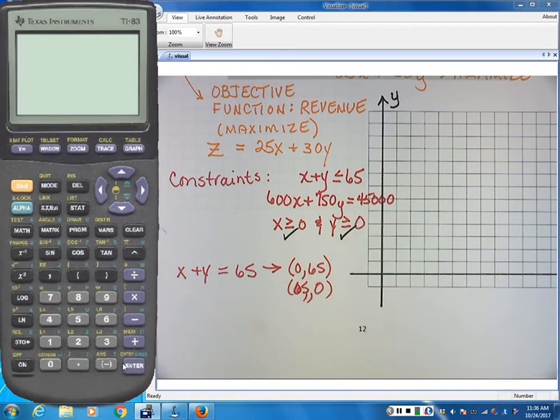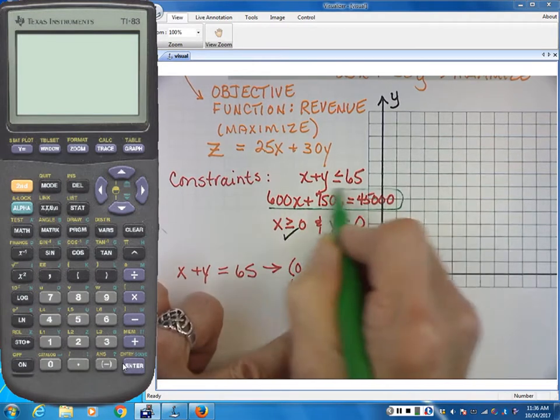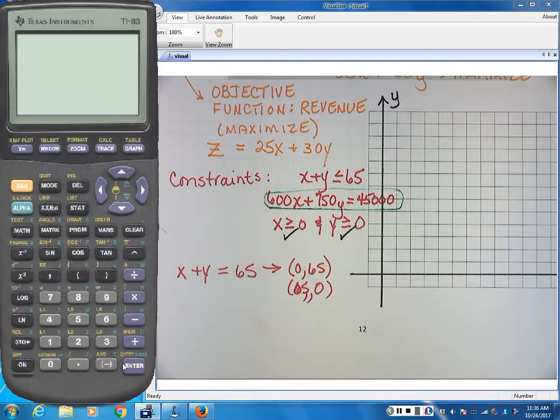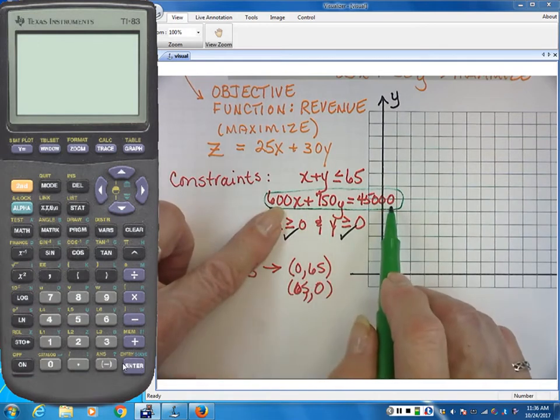So there's a little trick here that's worth knowing. If we take this constraint, 600, 750, and 45,000 can all be divided by 150.